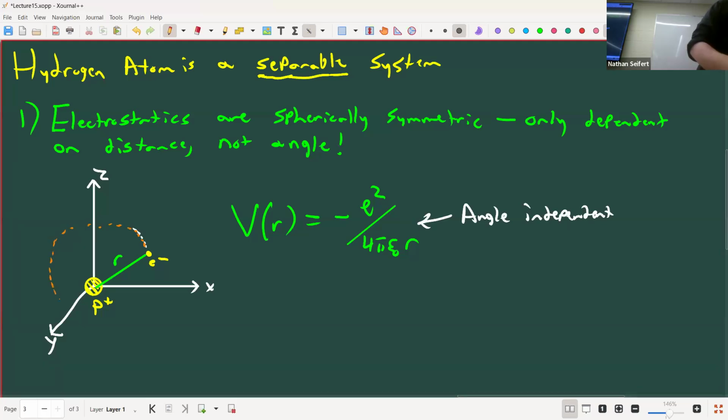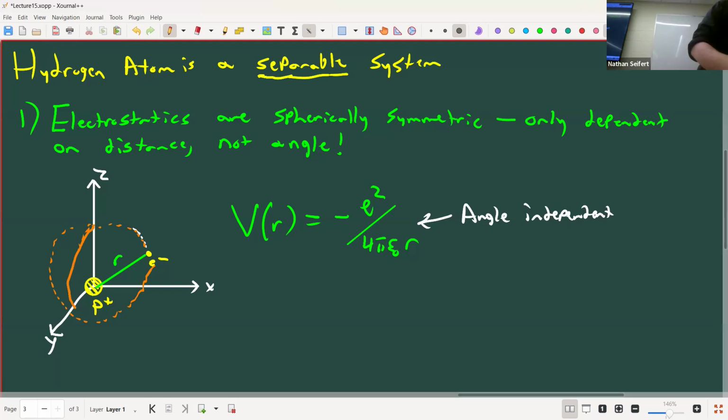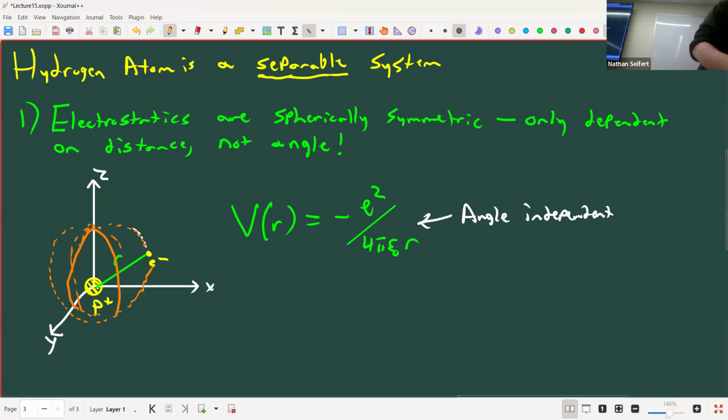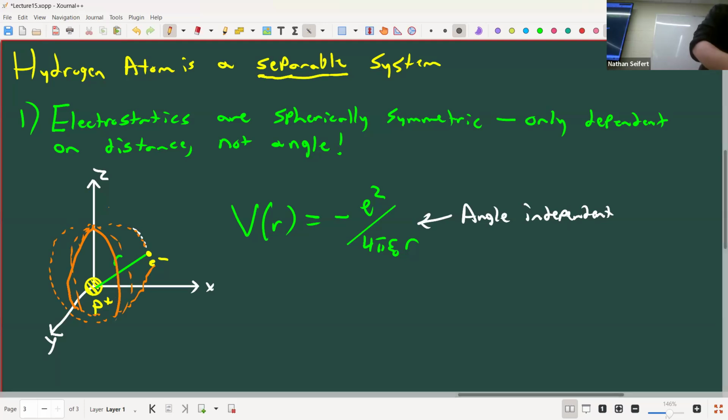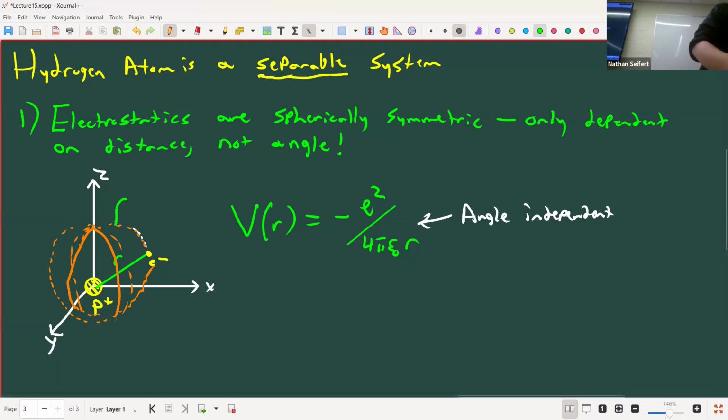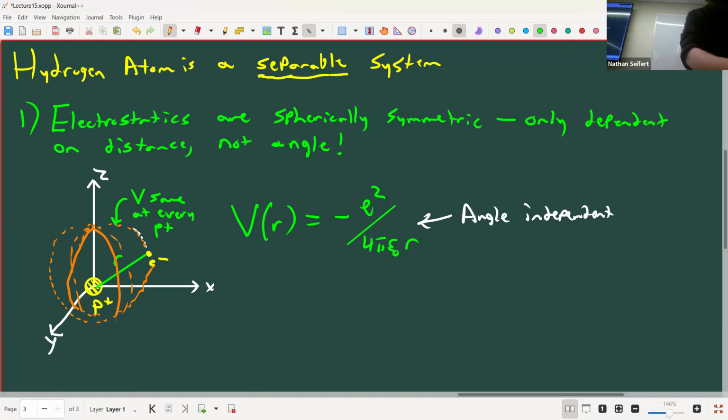I've got this sphere of radius r, where V is the same at every value at radius r.